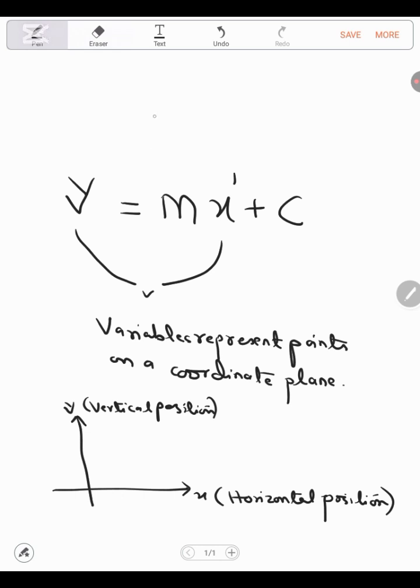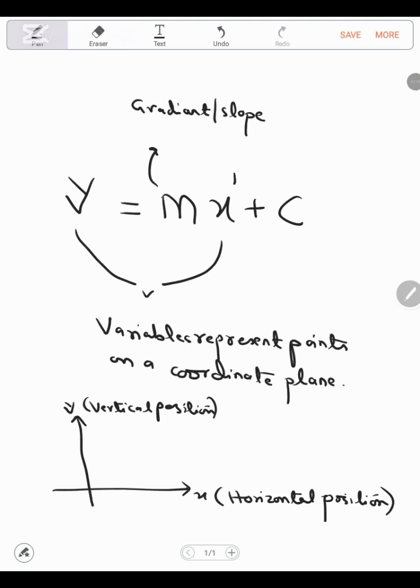Now the other thing is, what is m? m is basically the gradient, or you can also call it a slope. Now what is a gradient or a slope?